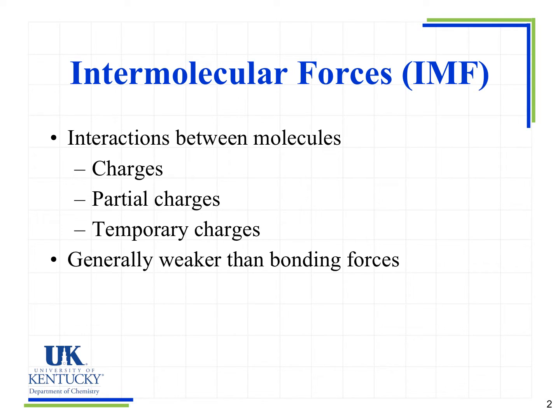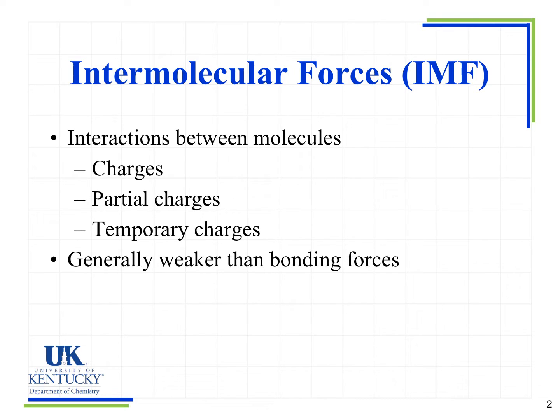And so these interactions are the result of either charges, as in the case of ions, partial charges, as in the case of polar molecules, where we have a partial positive and a partial negative due to differences in electronegativity, or we have temporary charges. So as a result of electrons moving around, even in nonpolar substances, we can have temporary charges.